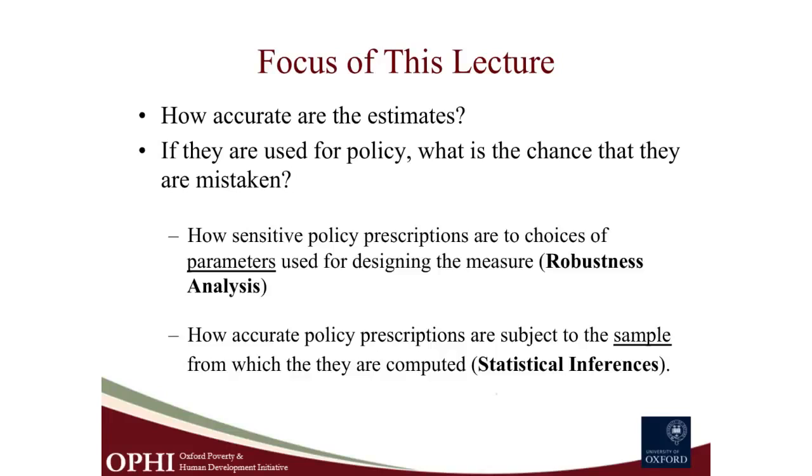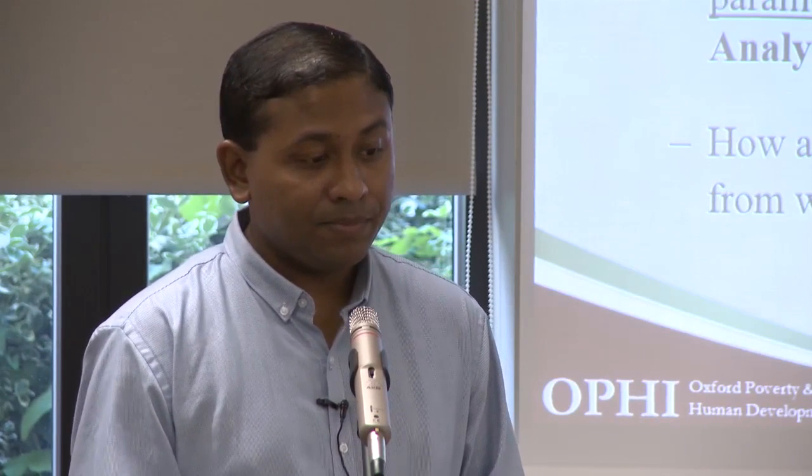So the main questions that we would like to answer after this lecture are, of course, how accurate are the estimates? You get estimates, you get M0 or MPI equal to 0.5, or you get the value of the multidimensional headcount ratio. And the question is how accurate these estimates are. If they're used for policy, what is the chance that they are mistaken?